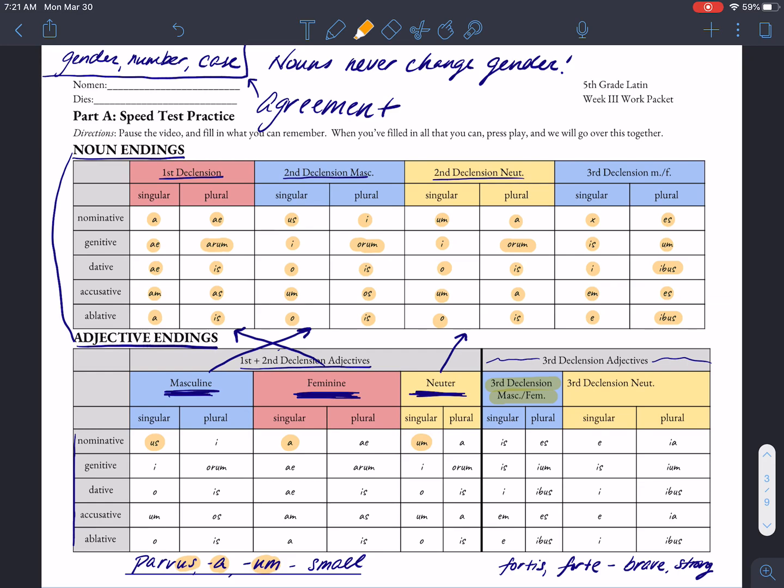Because fortis corresponds with the nominative singular, and forte corresponds with the nominative singular of the third declension neuter. So that's what we've got. We've got two types of adjectives. That was just a quick grammar lesson, and we're going to keep on talking about this kind of thing until you get used to it.